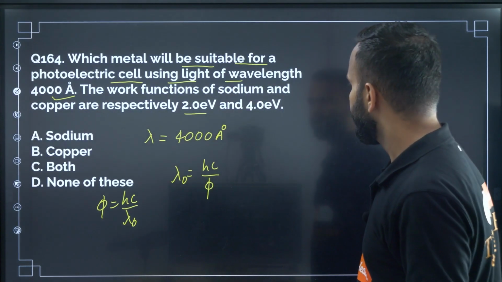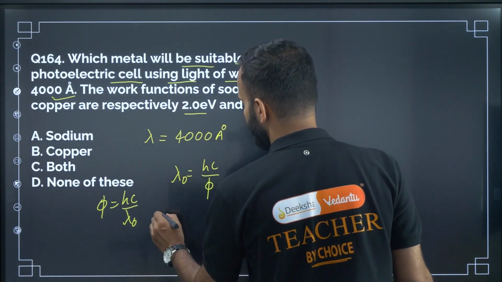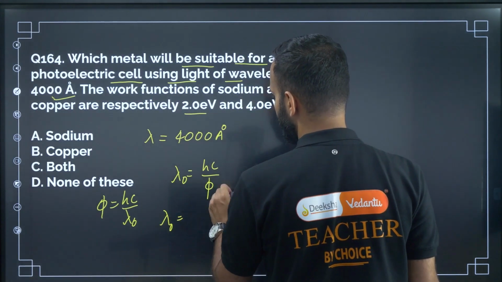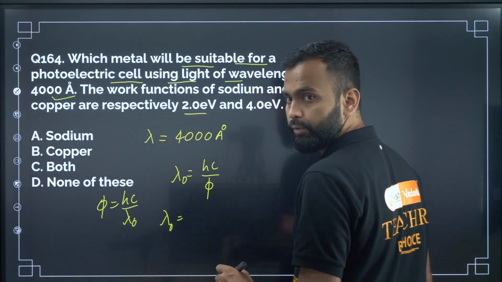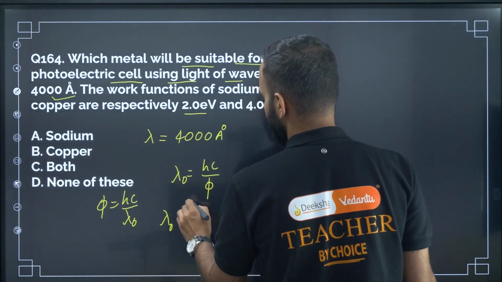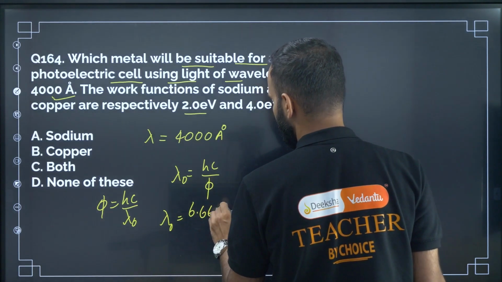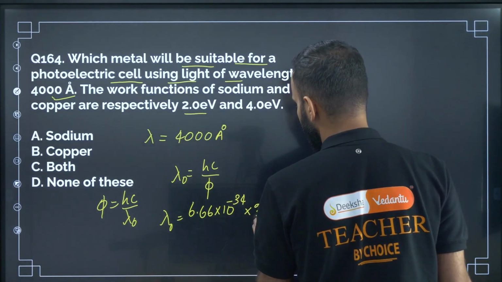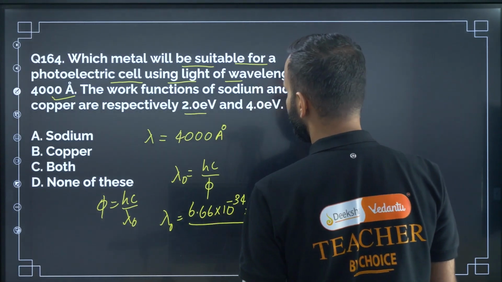Now for sodium, lambda naught is equal to h into c divided by phi. h is Planck's constant, 6.6 into 10 to the power minus 34, into 3 into 10 to the power 8, divided by phi.